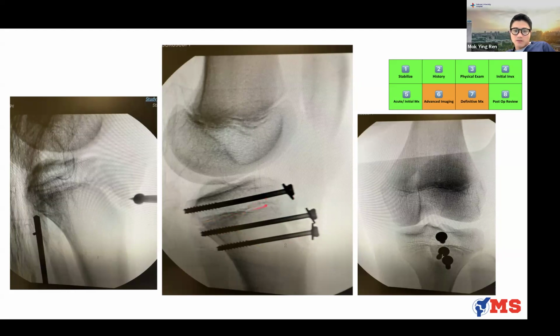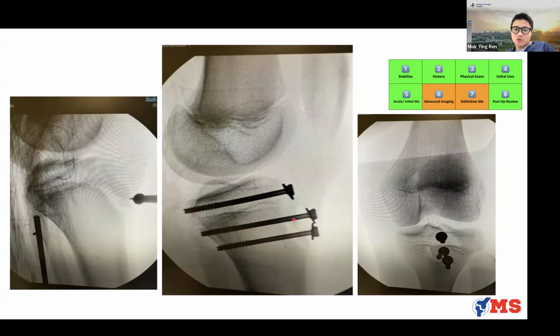Note that there is an attempt not to cross the physis in any of these screws because we want to prevent any disruption to the physis. All right, so you have one screw going through the epiphysis and two through the metaphysis.